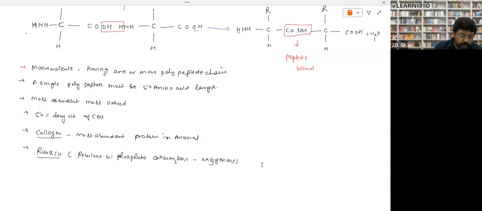So please note down: closely related species may have similar proteins, while unrelated species may have different proteins.